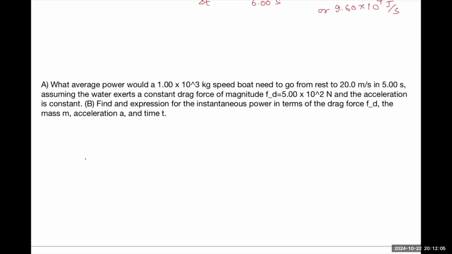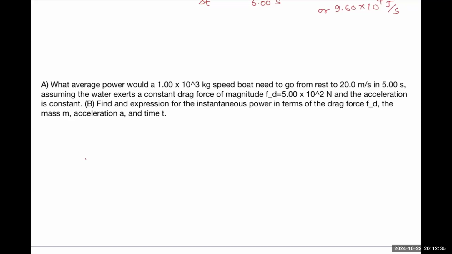Force times displacement, right? So now you have a drag force. Now you need to know how far it will go, because your speed is already given, right? Your speedboat needs to go from rest to a speed of 20 meters per second in 5 seconds. So the time is 5 seconds, the speed is 20 meters per second.